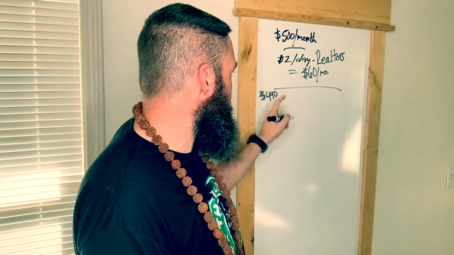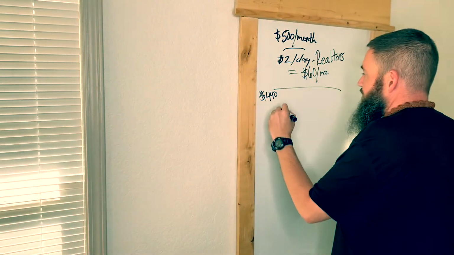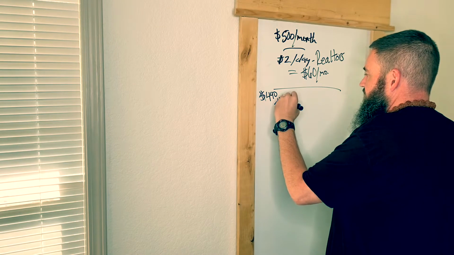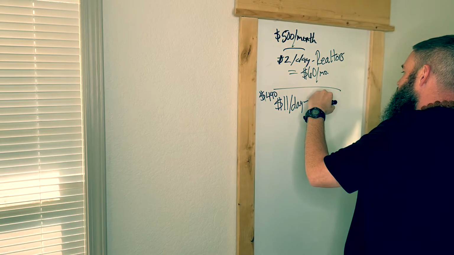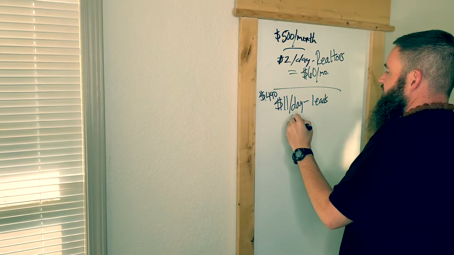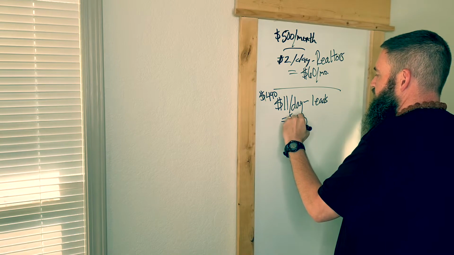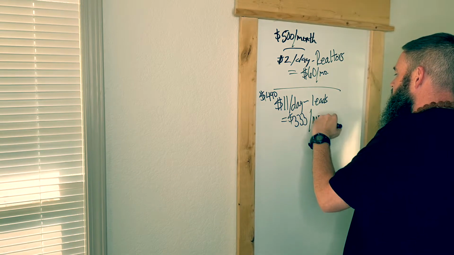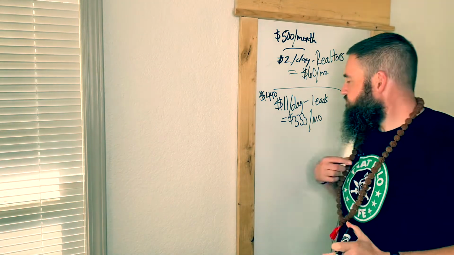So next thing I'm going to do is create some lead generation. From the lead generation, I'm going to spend $11 a day. If I'm spending $11 a day on leads, that's going to give me about $333 a month that I'm going to have in order to run some lead traffic.